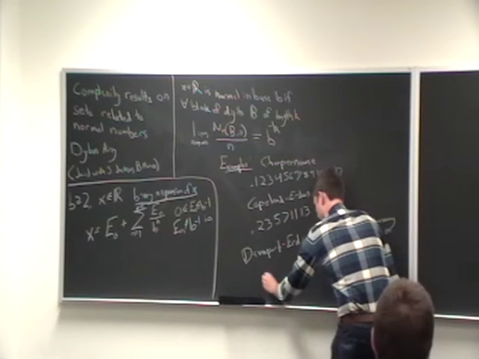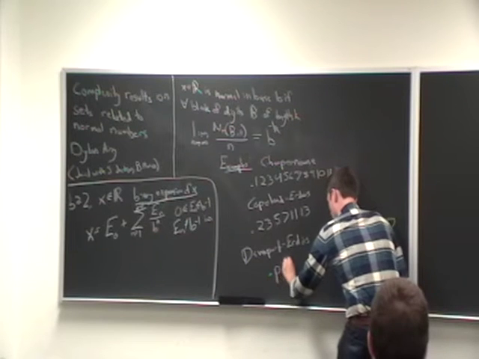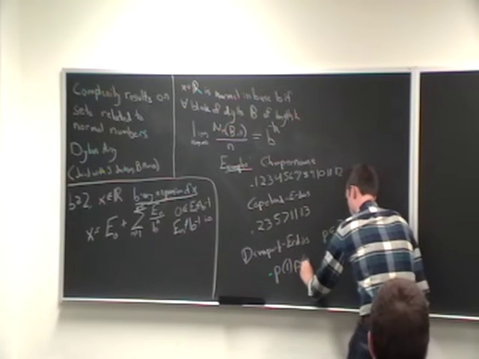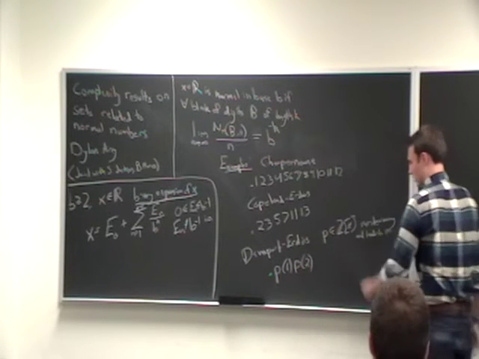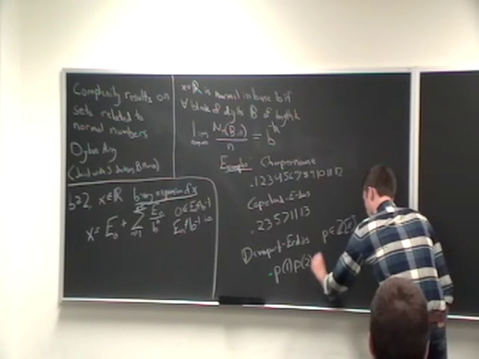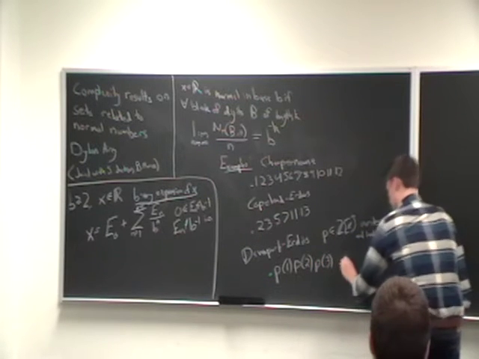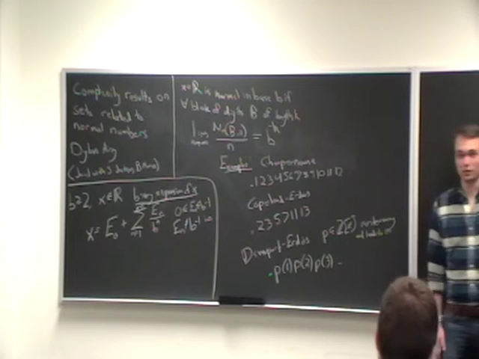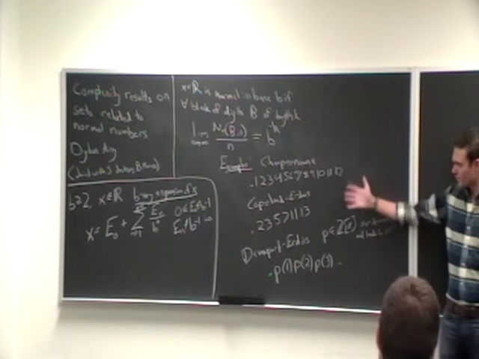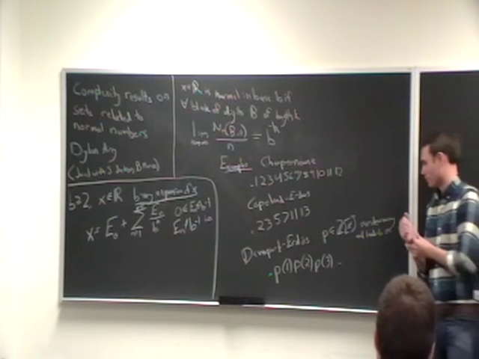Then if we look at the following expansion, where we evaluate P on each of the natural numbers and concatenate those expansions, this will also be a normal number. So these are three classes of normal numbers.